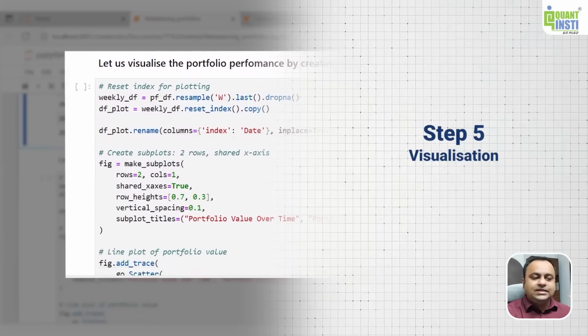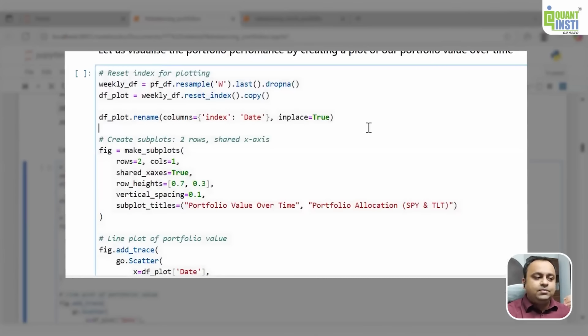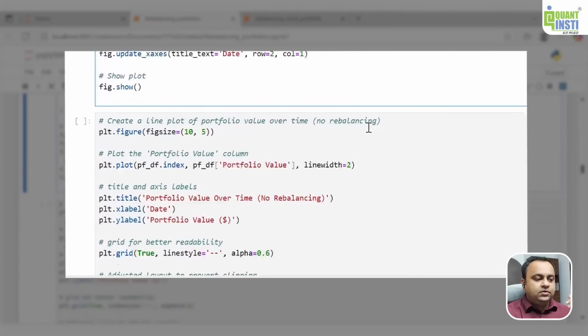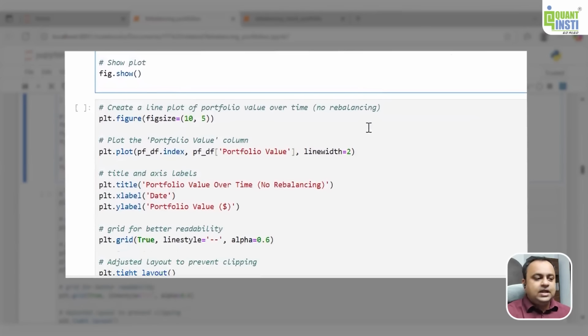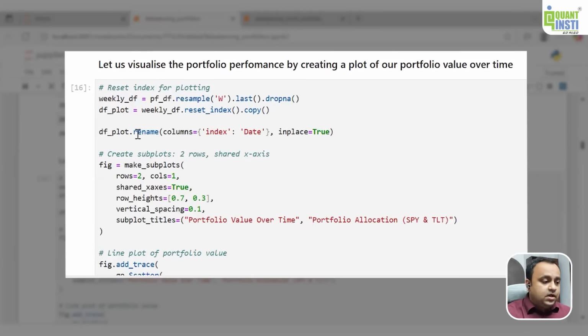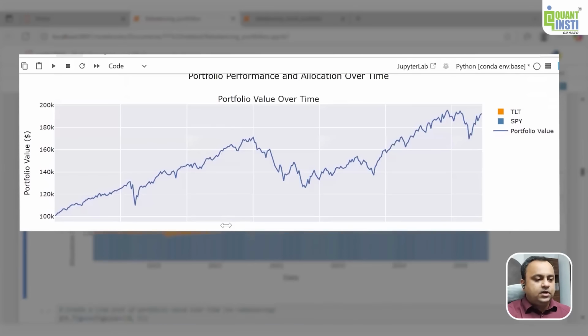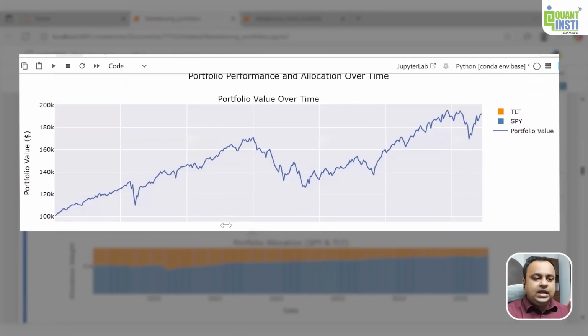Now let us visualize this drift by creating a plot of these returns. In order to see such a long period of time, I have converted the returns from daily to weekly by resampling my data. And in this plot, you can very clearly see how my portfolio value has been rising overall in the period of time.